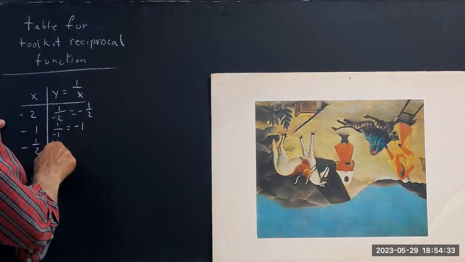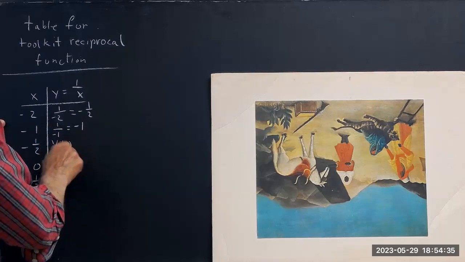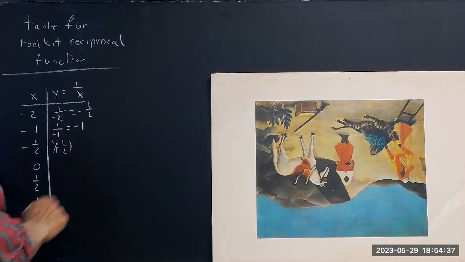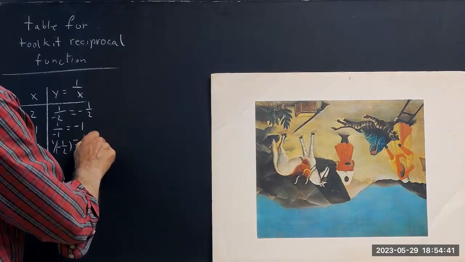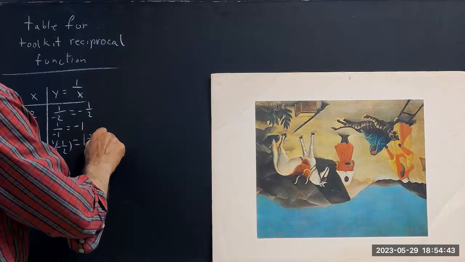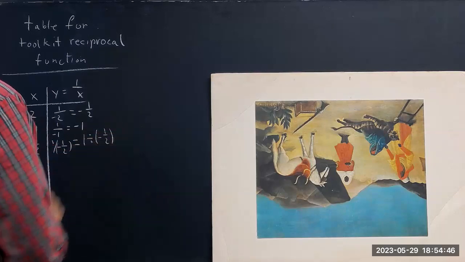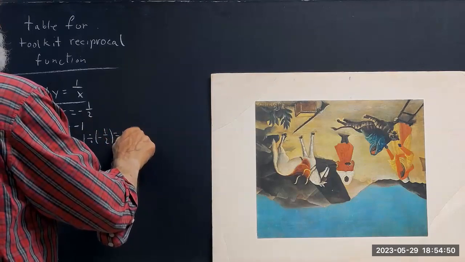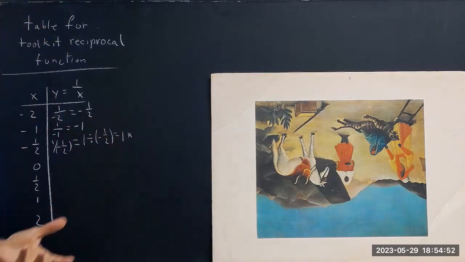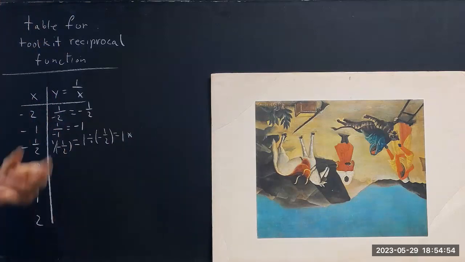Now, what's 1 over -1/2? That's 1 divided by -1/2. Now, we got to go back to the basic arithmetic for Toolkit functions.